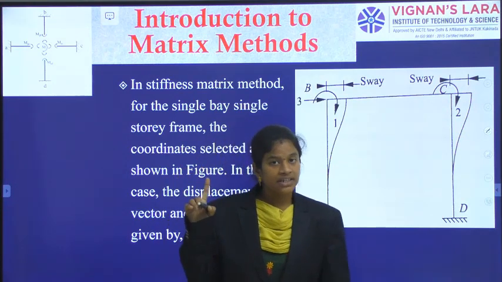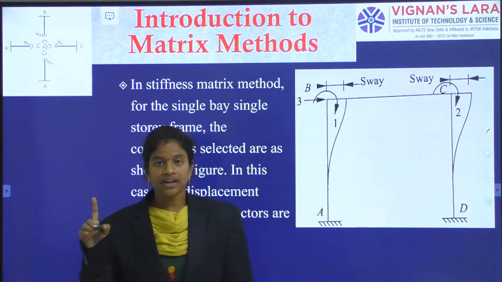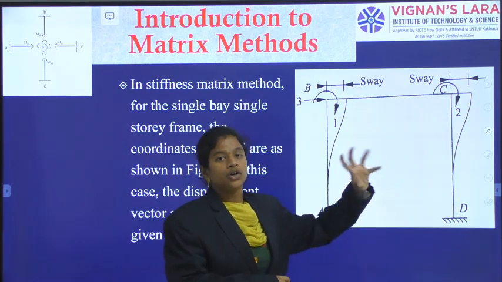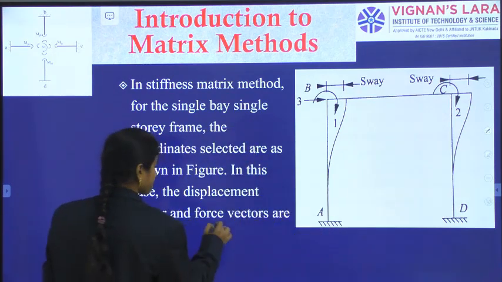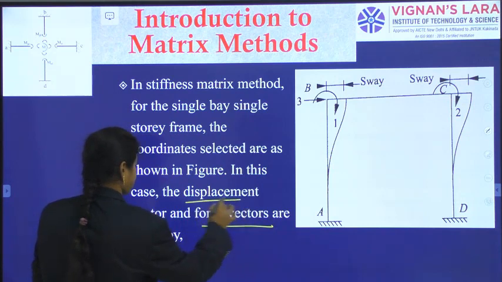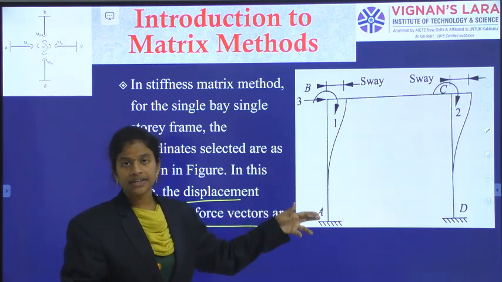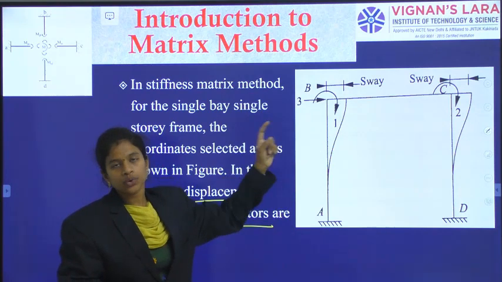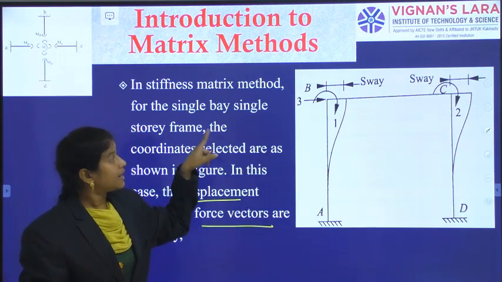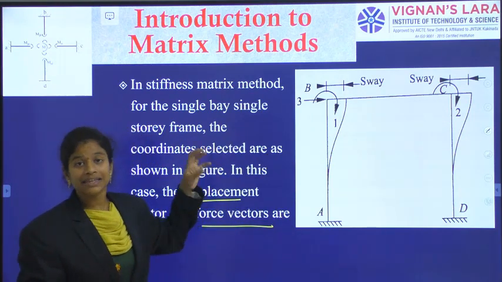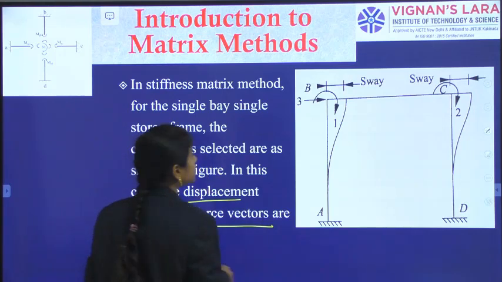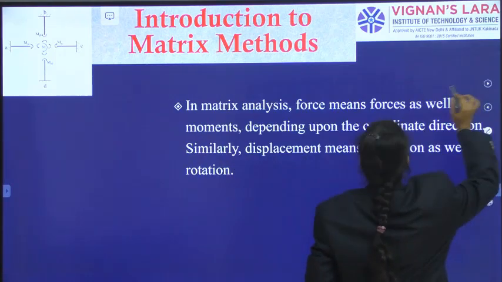There, force vectors and displacement vectors we have written. The corresponding 1, 2, 3 is the answer. At 1, the corresponding theta is the displacement output.